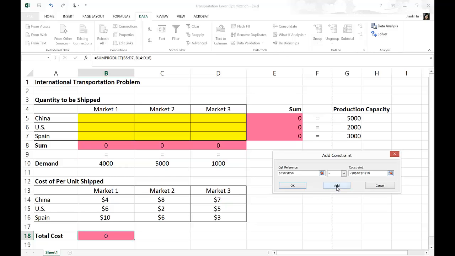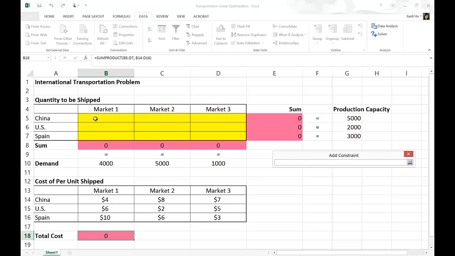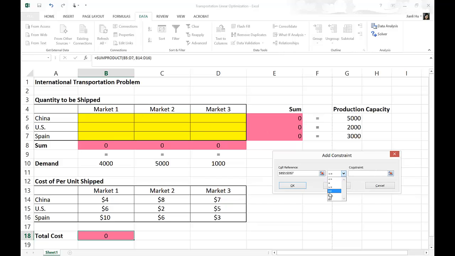The last one is not so critical for this type of problem, but we want to make sure we do not send something like 4.3 units of the clothing item from China to market 1. That's not going to work, especially if you're producing dresses. You cannot send fractions. So I want everything in the yellow cells to be an integer, or a whole number. Everything in the decision variable range should be integer.